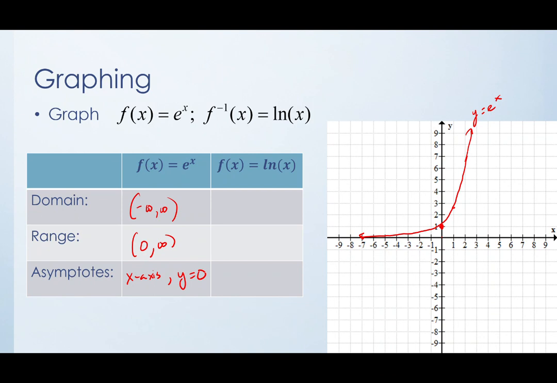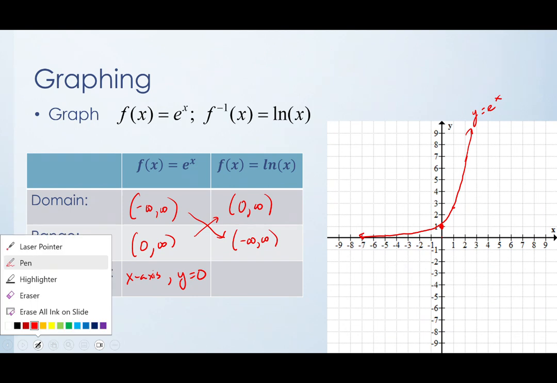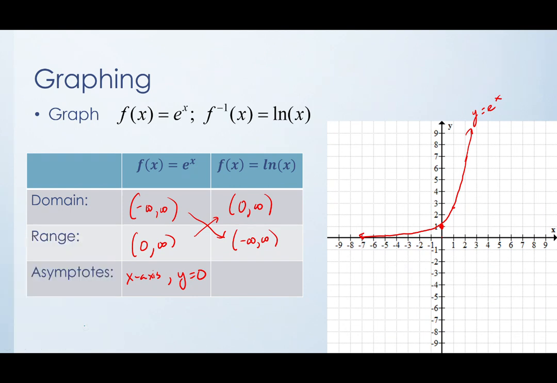So we know for the graph of natural log of x that the range of e to the x is going to become the domain, so 0 to infinity, and the domain of e to the x is going to become the range of the inverse function, so all real numbers. We also know that the asymptote should be, instead of y equals 0, it should be x equals 0, which of course is the y-axis.